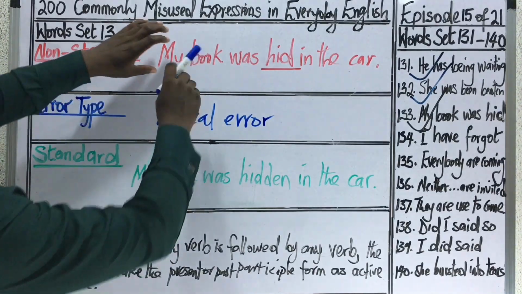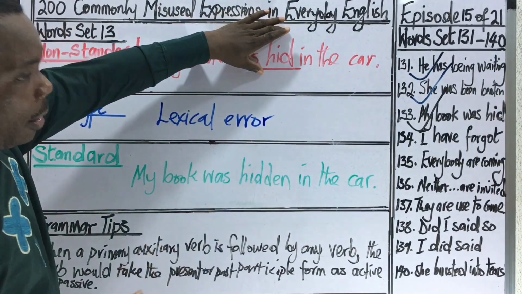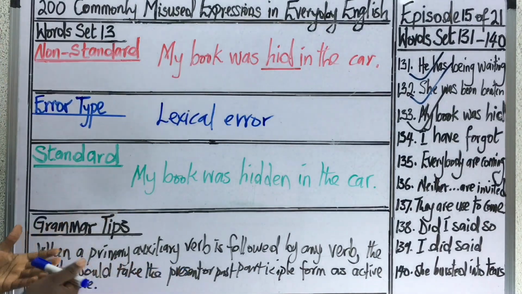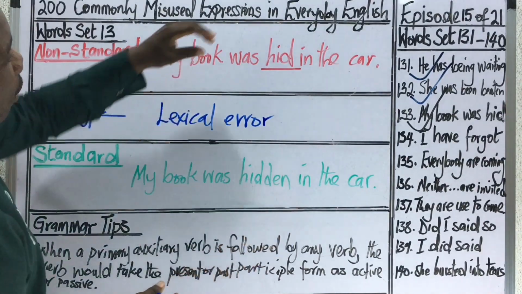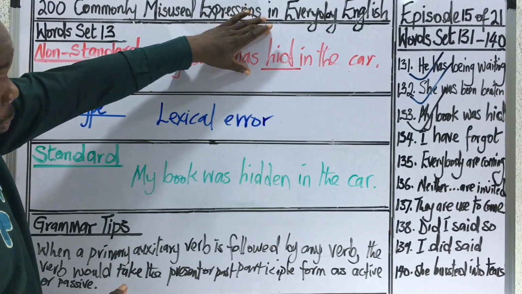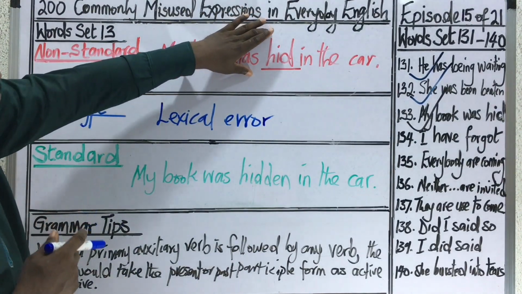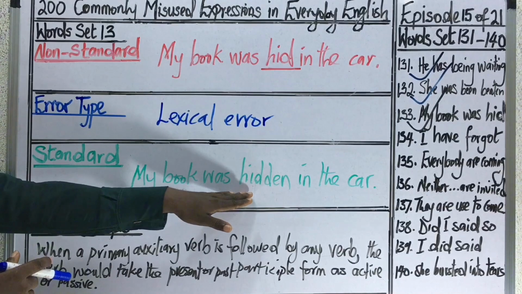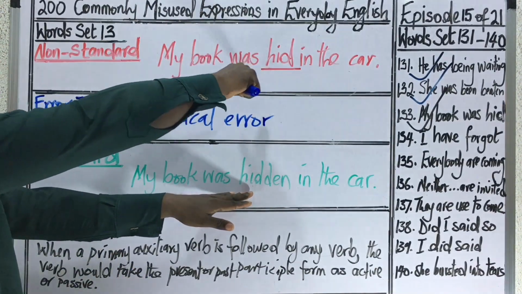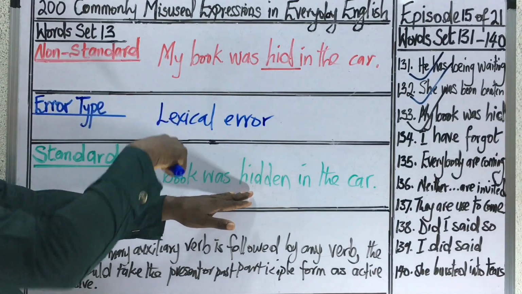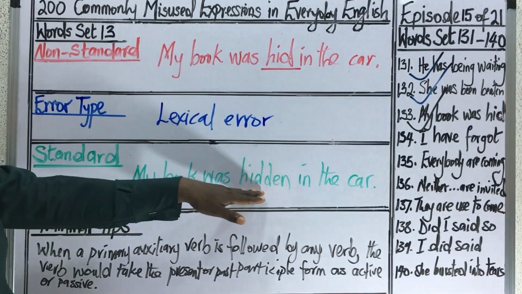Now, instead of saying "my book was hid in the car," you could say "my book was hidden in the car." The wrongly used word in this expression is "hid." So the correct form of the word is "hidden." That is the right form of this same word that is supposed to be used in this expression.